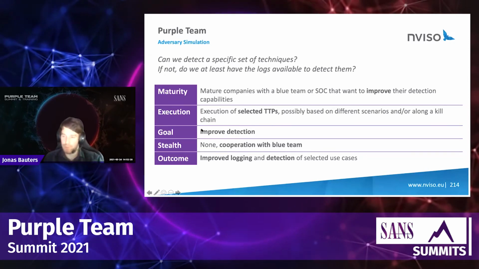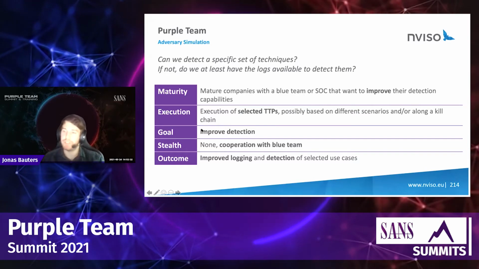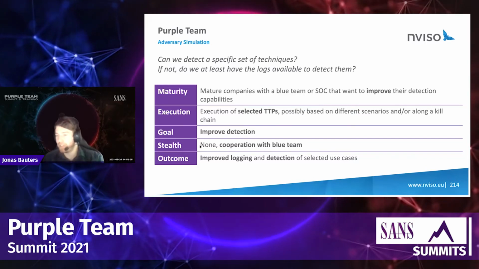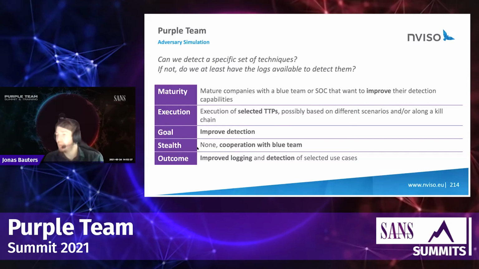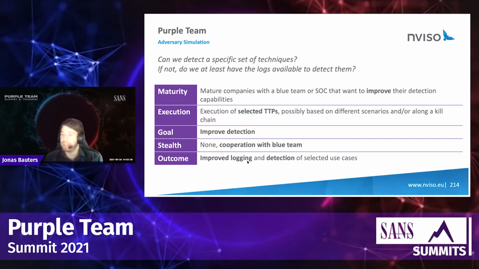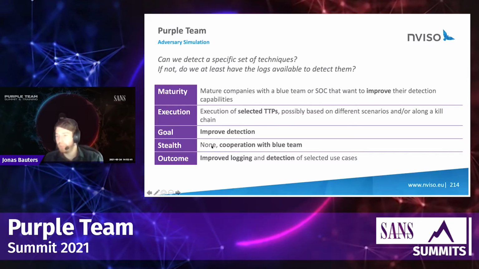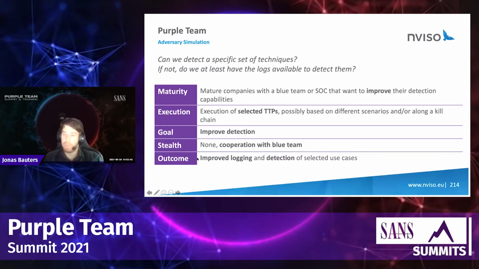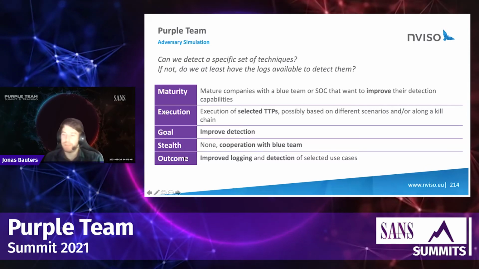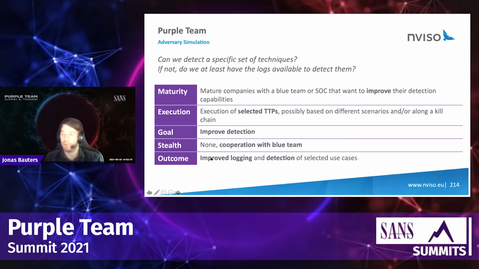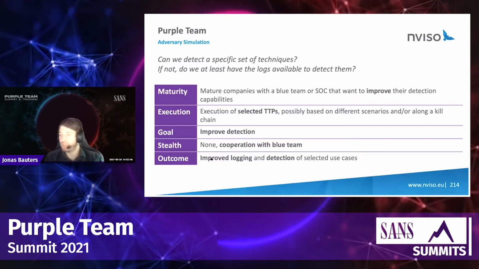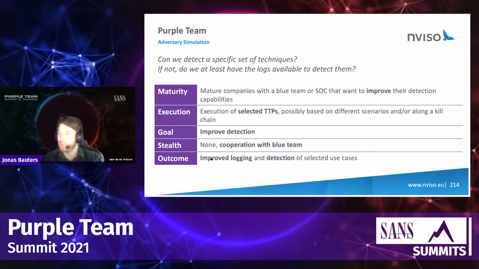But the goal is to improve detection against those techniques. Now, in this case, stealth is again not important or not the case, because you're cooperating with the blue team. And in terms of outcome, there is the goal of improving your logging and detection of the use cases of the techniques that you have selected.